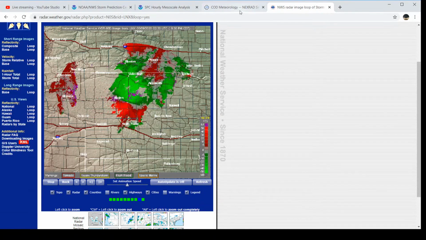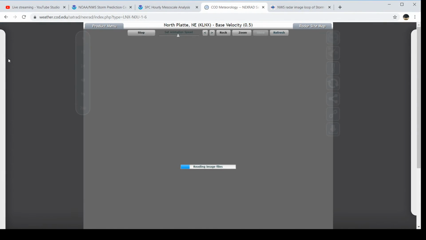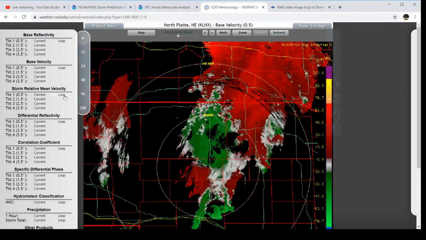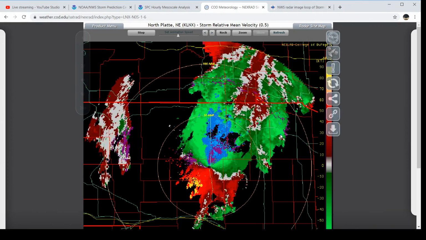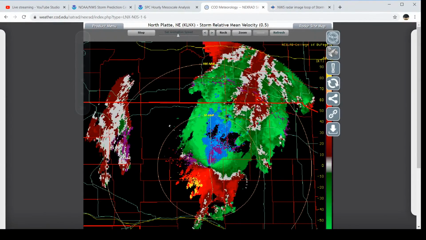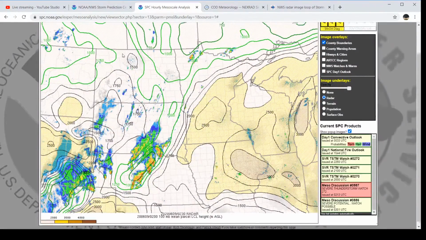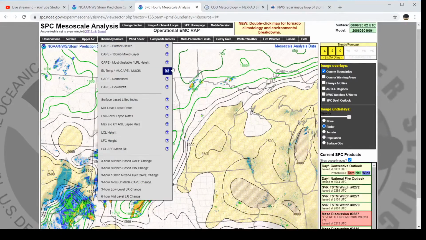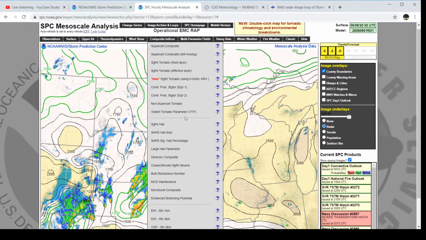Maybe. Something to watch. So it has to overcome some of that convection. As we can see, there's not very much on this velocity. But you can see it's trying right there. Interesting. See if it can do it.